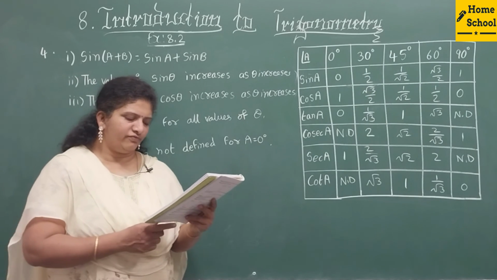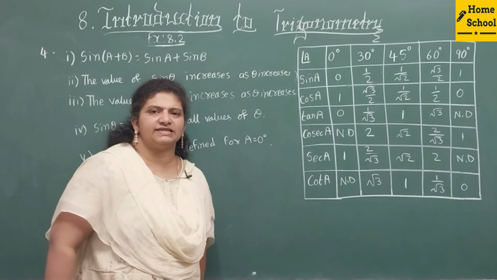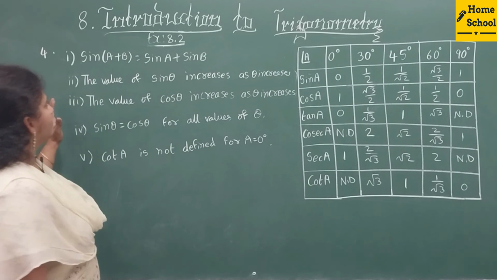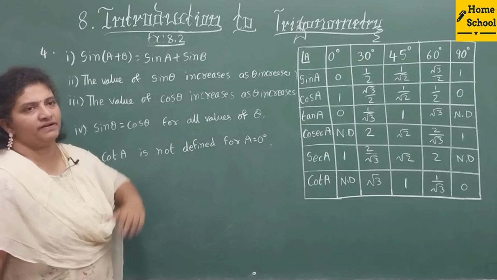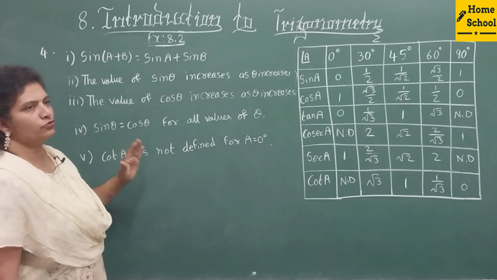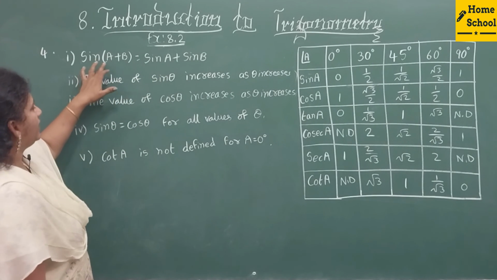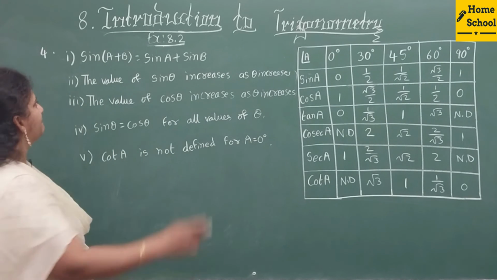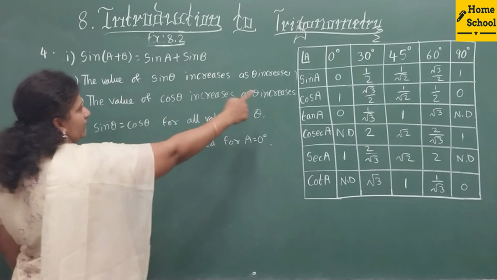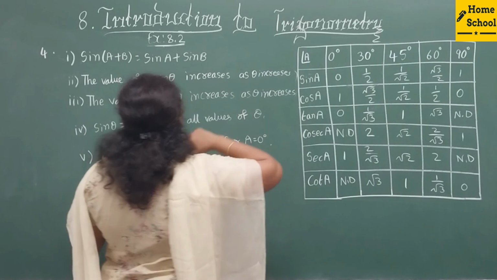Fourth main, state whether the following are true or false. Justify your answer. First one, sine of A plus B equal to sine A plus sine B. Is it true or false? A plus B, we don't know the angle. So let us take some angles here. We'll take A is 0 and B is 30 degree.